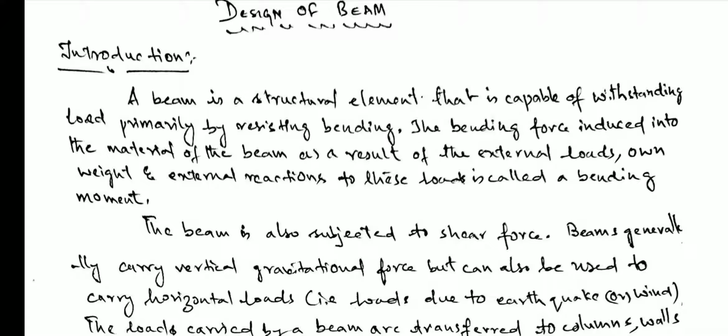The self weight of the body plus live load and external forces acting on the body make the structure bend. So that is what they say here: the beam is a structural element capable of withstanding load primarily by resisting bending.